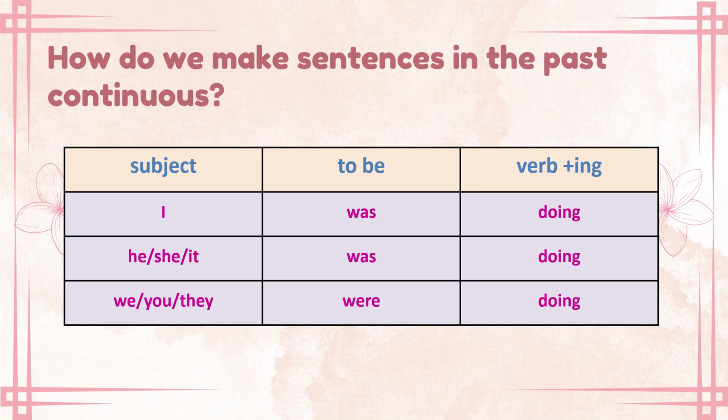With the subjects he, she, it, we use be verb was, so it becomes he was doing. In the same way, if the subject is we, you, or they, we use be verb were. They were doing. You were doing.